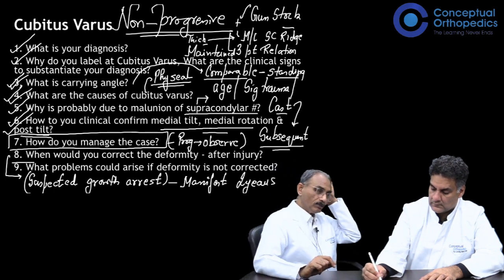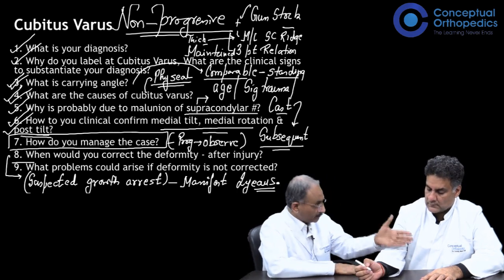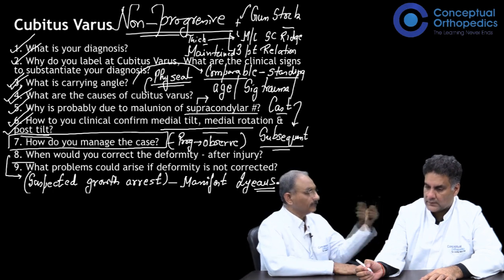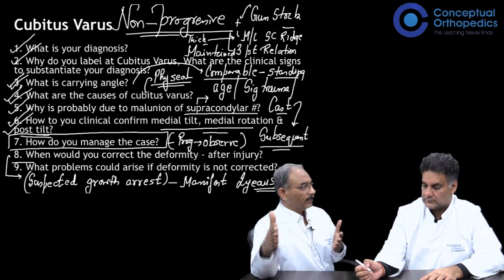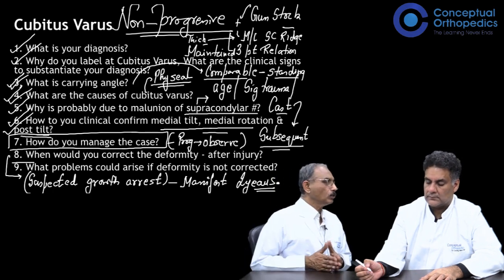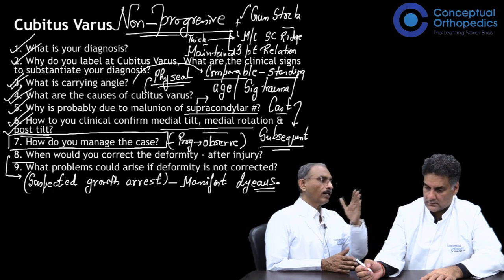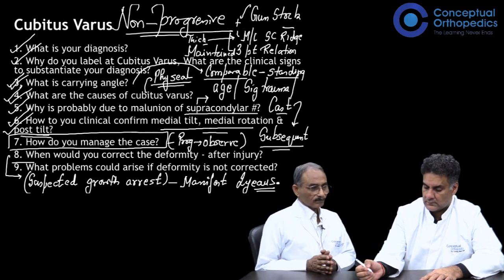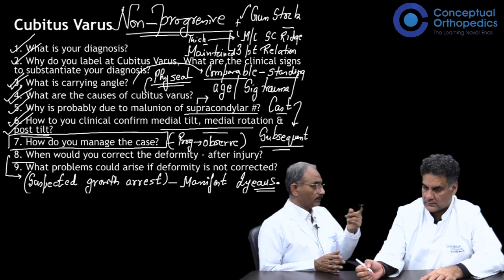So by that count, if you suspect there is a growth arrest by the history, because you're seeing it at one point, you can rely on the history. Right. So then you will wait, observe him periodically, and then take a call. Usually the answer will be no, the history would be wrong, and you rely only on physical signs, and that's how you decide on intervention.